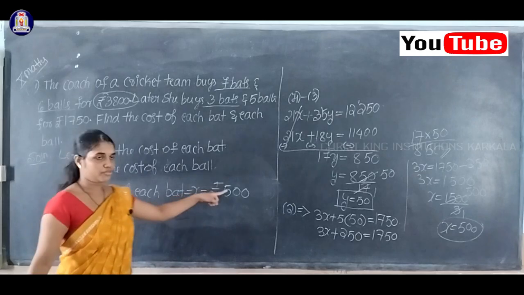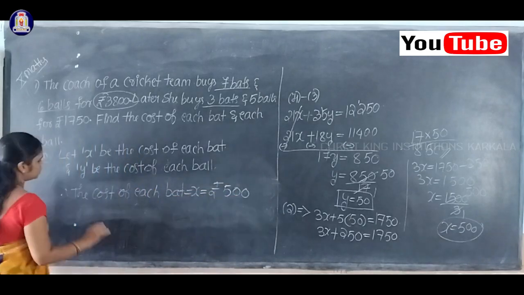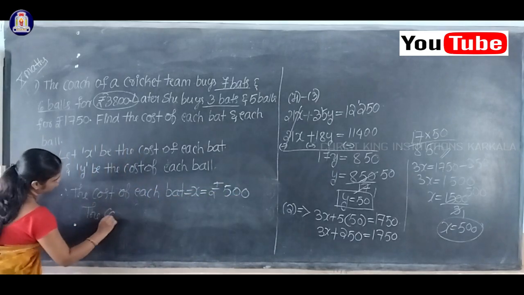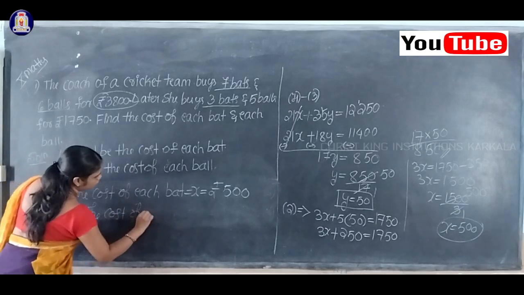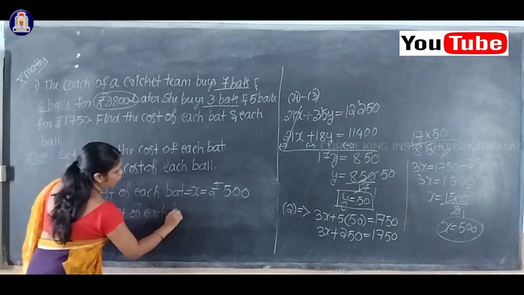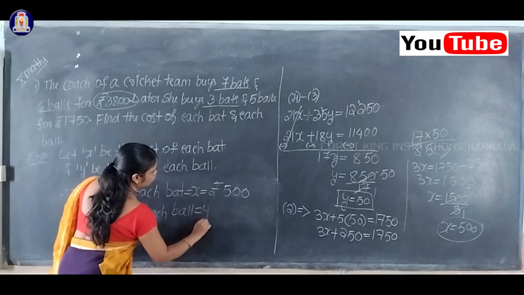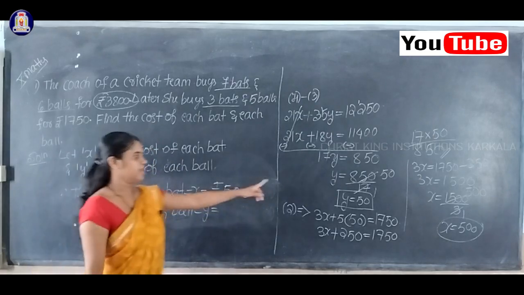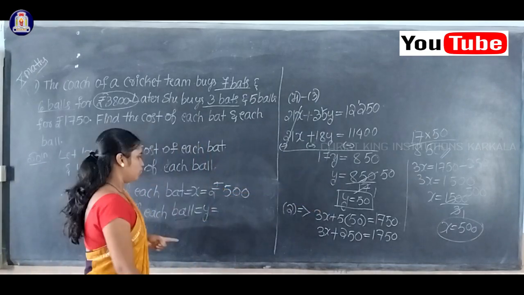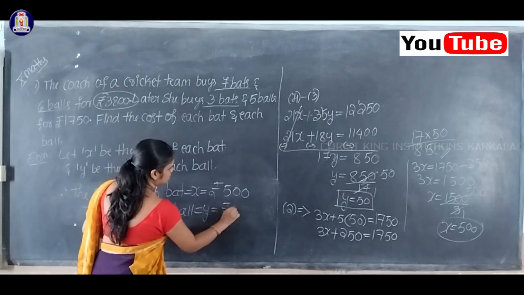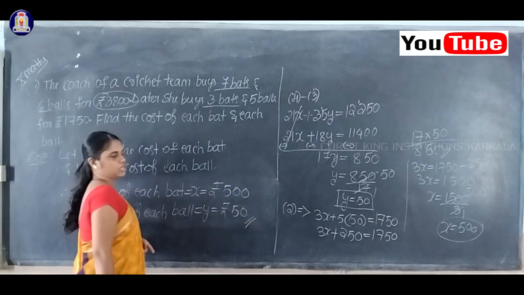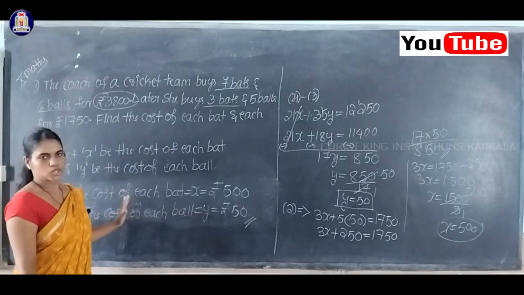This is the cost of each bat. Next, the cost of each ball equal to y. The value of y is 50. So rupees 50. This is the conclusion.